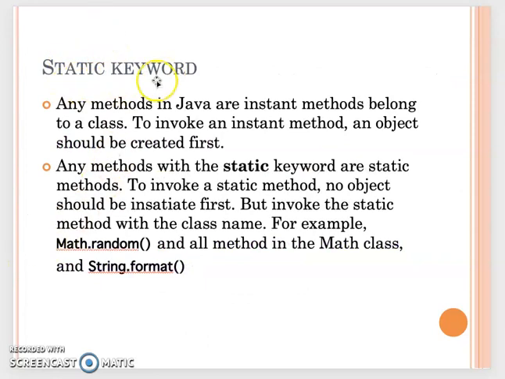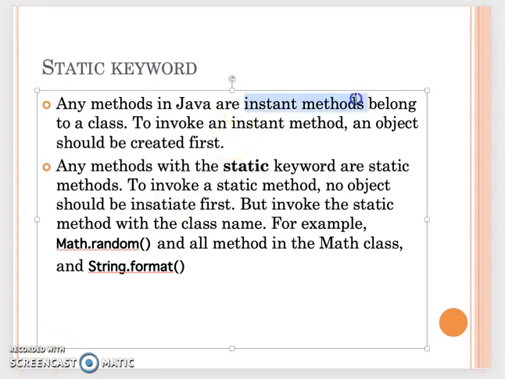So for any method in Java, an instance method belongs to a class, but be careful here, each instance method belongs to an object.